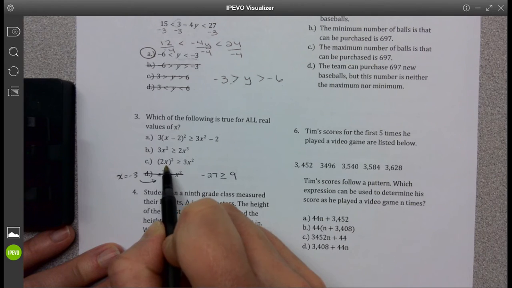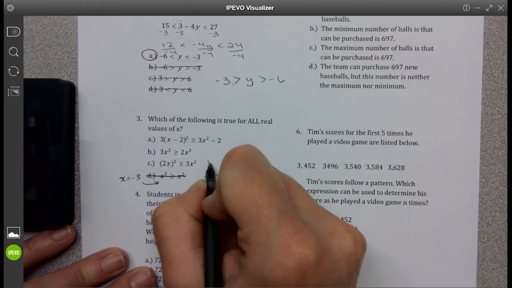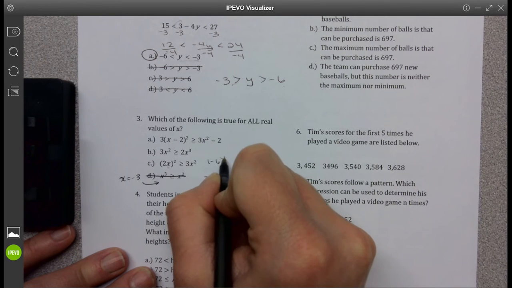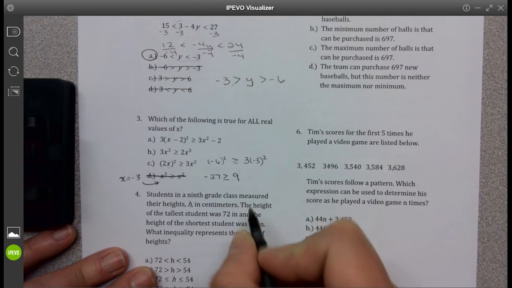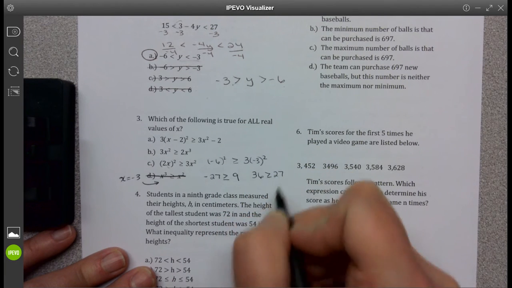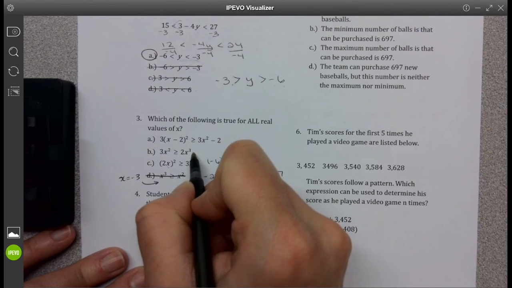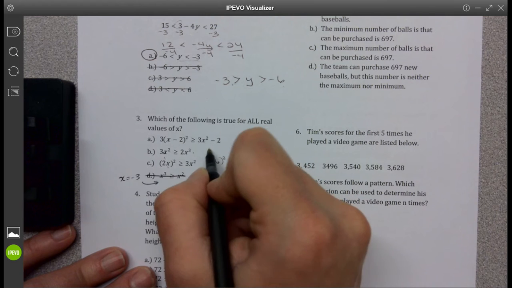If I put a negative 3 in here, I'm going to get negative 6 squared. We'll get 36. It's greater than or equal to 27. That's true. If I put it in here, negative 3, 9, it's going to be 27.